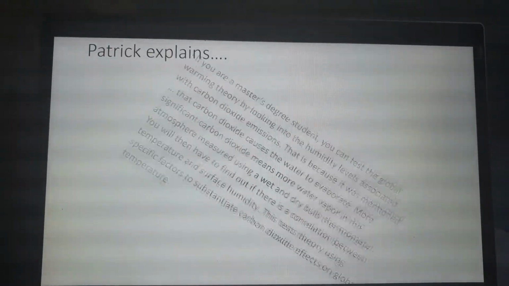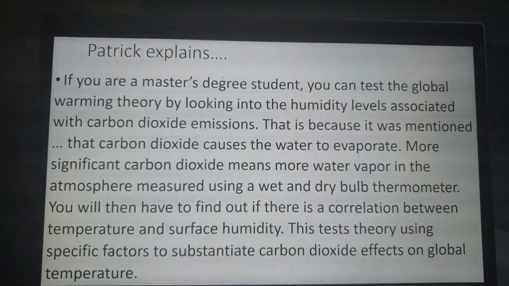And then Patrick explains, if you are a master's degree student, you can test the global warming theory by looking into the humidity levels associated with carbon dioxide emissions. That is because it was mentioned that carbon dioxide causes the water to evaporate.